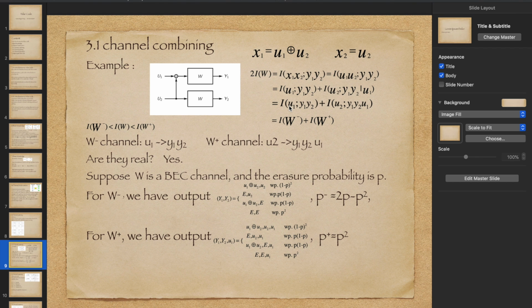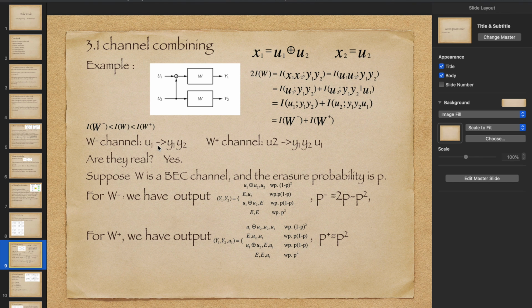The first channel is called W minus, the second channel is called W plus. And for the mutual information, we have the inequality I(W minus) is less than I(W) and I(W) is less than I(W plus).